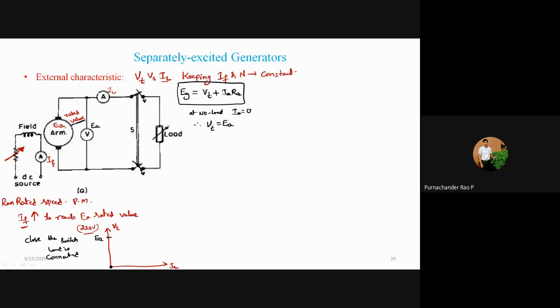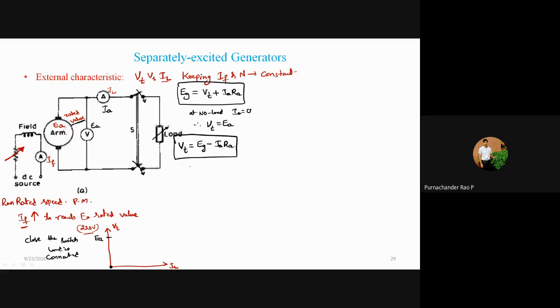Whenever there is a variation in the load, there will be some variation in your armature current or load current. Okay, and therefore your terminal voltage can be obtained as Vt is equal to Eg minus IaRa. Can I write like this?